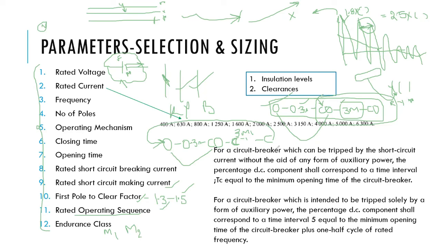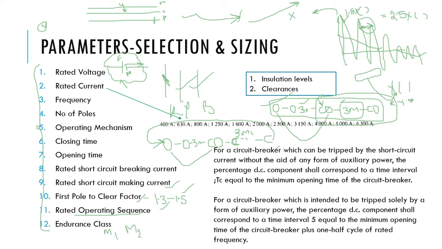Generally, in substations and the transmission network, we don't focus much on the DC component, because a transmission network is nothing but a network coupling two substations. The power is coming in here, and from here it is moving out.